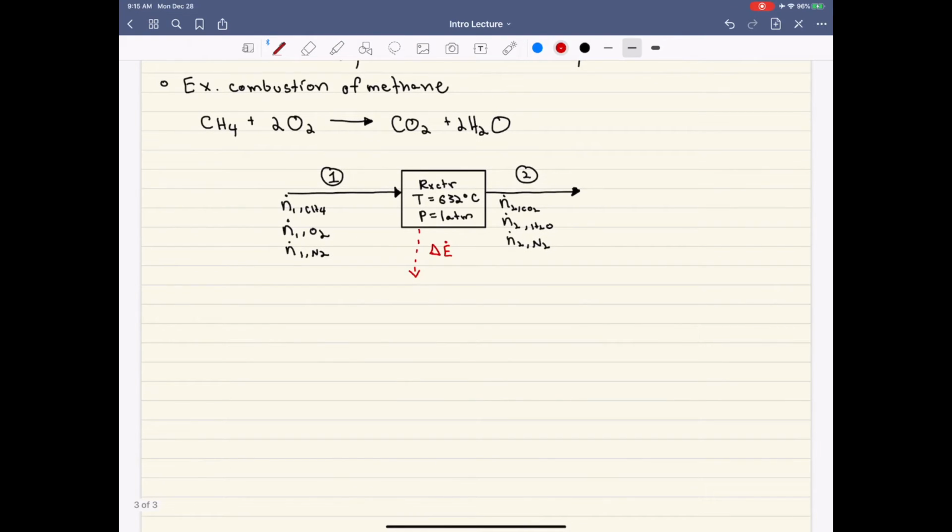And so that means we're going to have energy leaving the system. Okay? And so, reaction is exothermic. Right? And so, in other words, well, actually, I won't write the word heat. All right, energy is released.